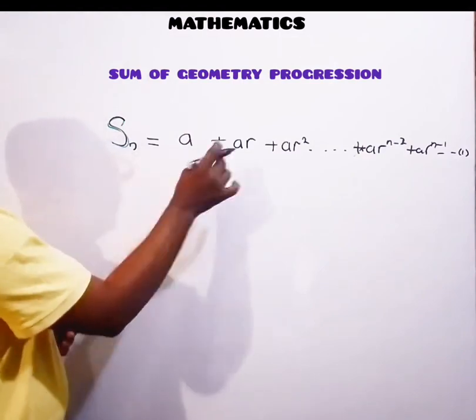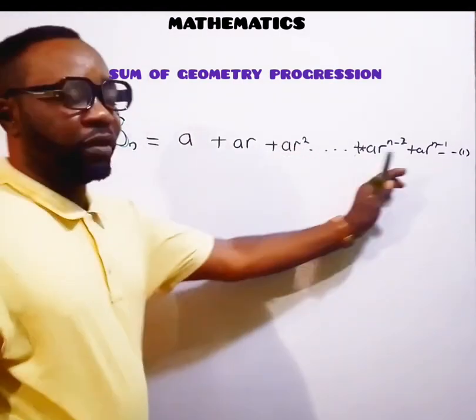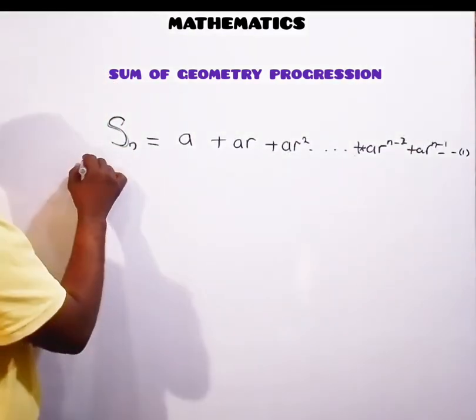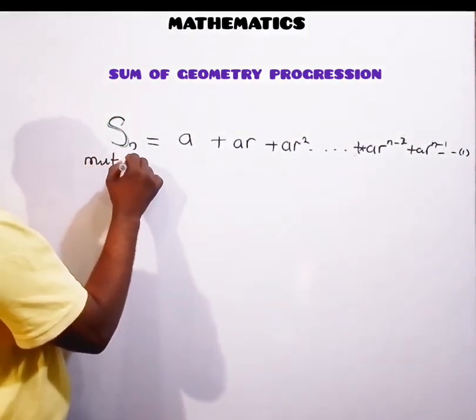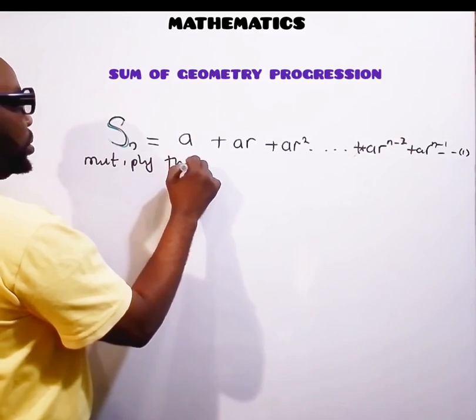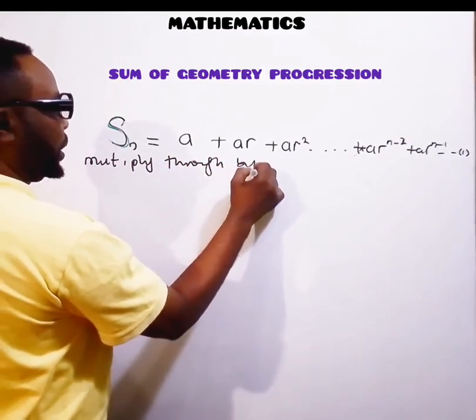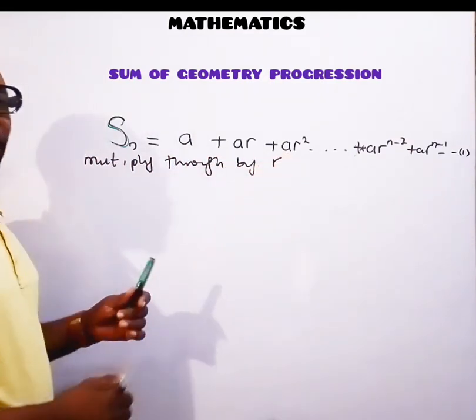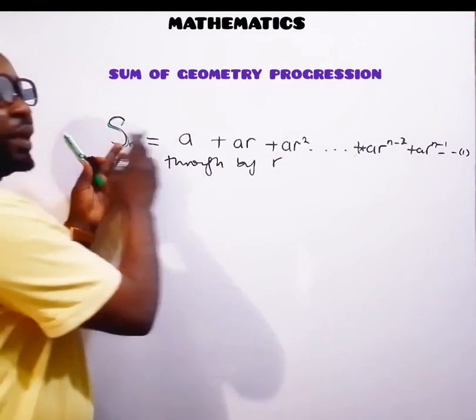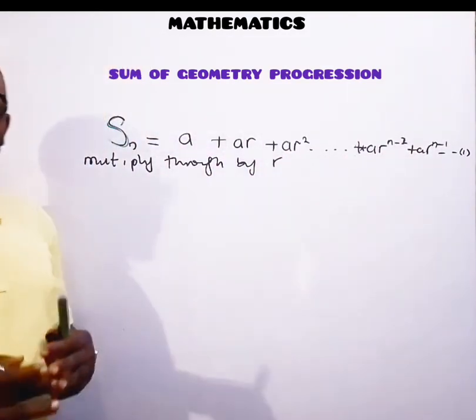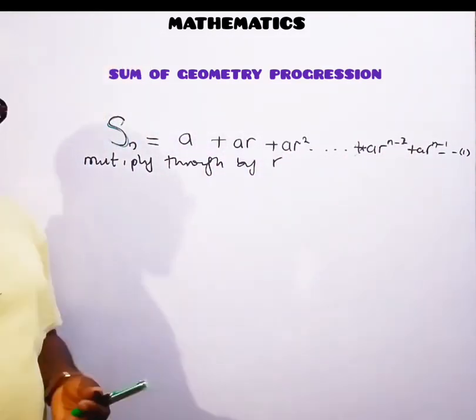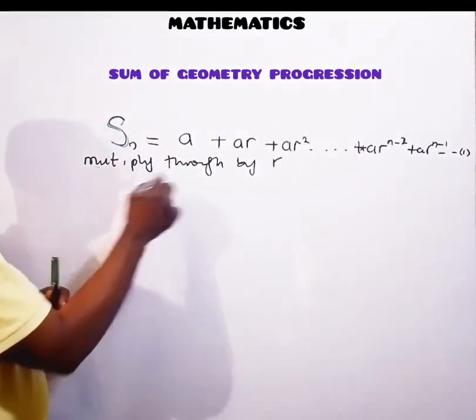Now, we can look at this set of information we have here. I can now multiply through by the common ratio r. That is, everything in this sum of terms, we multiply by r.